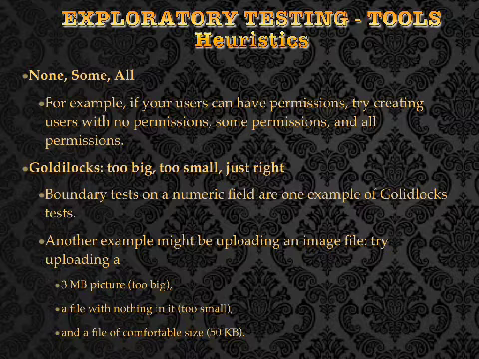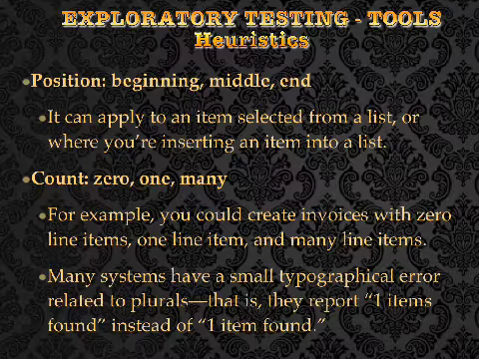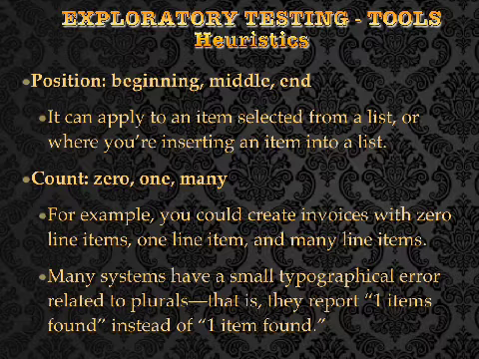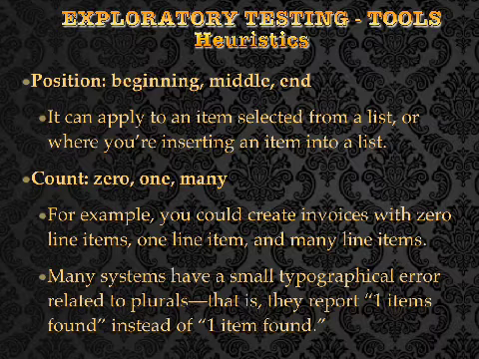Then you also have a principle for positioning inside a selected list. Say, for example, you use a list for maintaining roll numbers. In that case, check how your software works when you try reading an element at the beginning of the list, at the middle of the list, and at the end of the list.